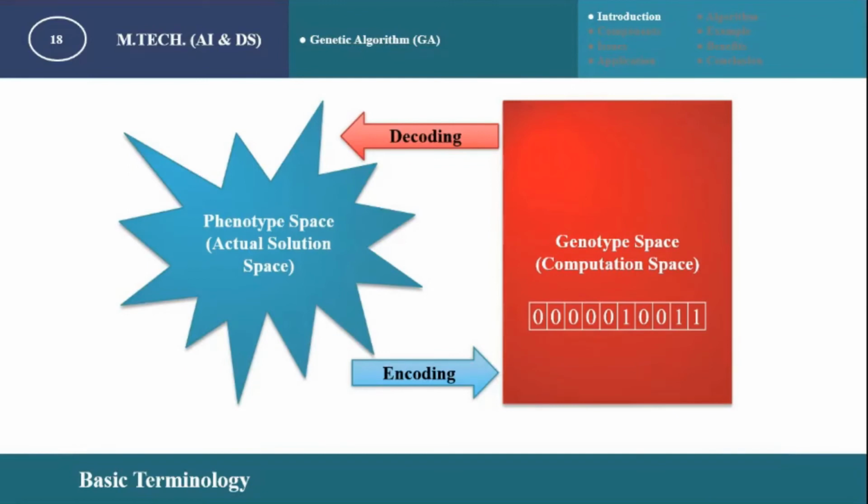And this is the procedure, that is, phenotype space as well as genotype space. From the phenotype space, encoding converts the actual solution in the actual solution space into the computation space. In the computation space, these zeros and ones may represent a specific integer value in the actual solution space.